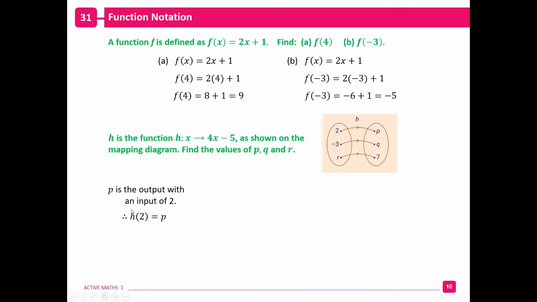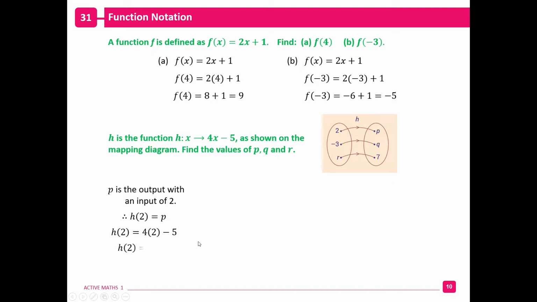So let's start off by writing that h of 2, when our function h has the input 2, it gives the answer p according to our mapping diagram. But we simply know that the rule to get any output is 4x minus 5, which means 4 times 2 in this case, because our input is 2.